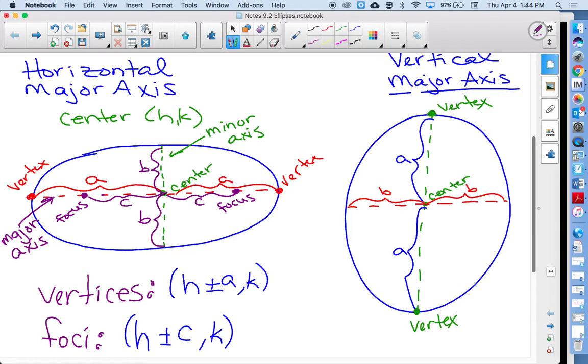And then the last thing, the focus, it should be the same distance going up or going down, that distance of C.